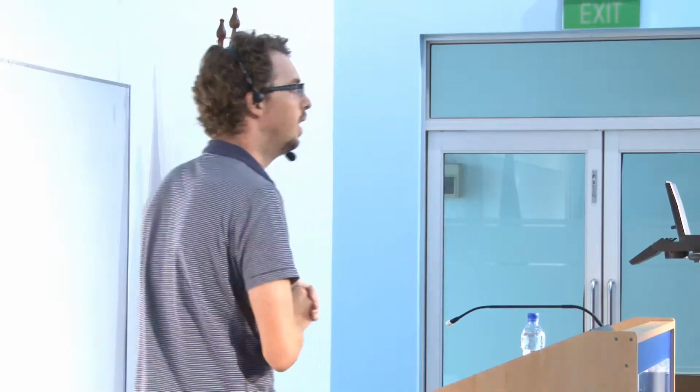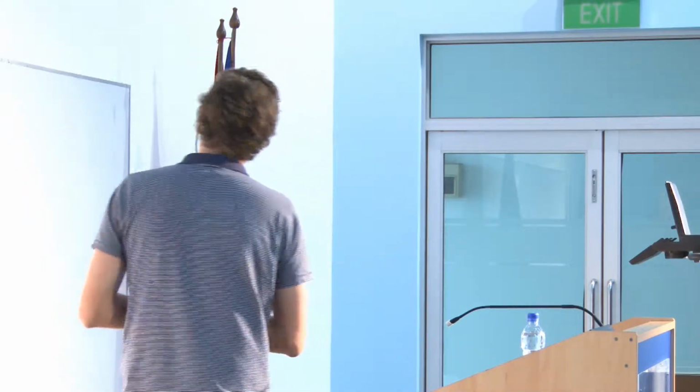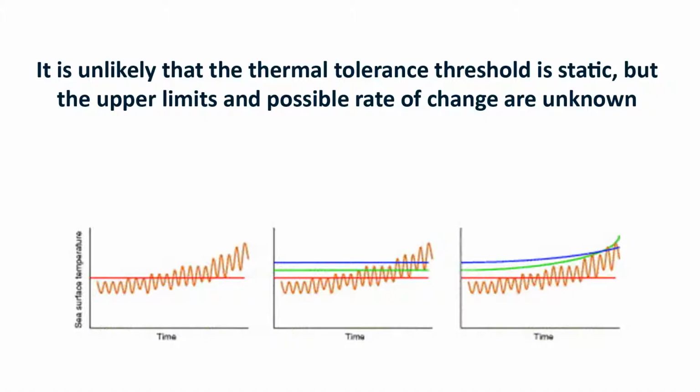But on the plus side, it's unlikely that these corals have a kind of static threshold to temperature. This is a beautiful little graph which estimates how corals survive. The red line is the thermal threshold of a species of coral, hypothetically, and then the orange squiggle is temperature increases.